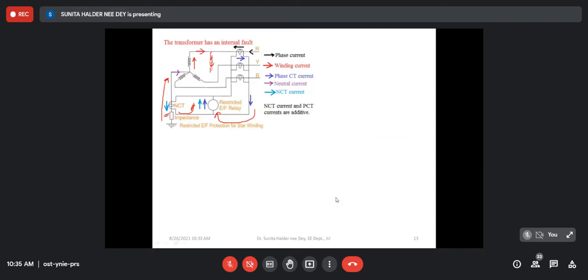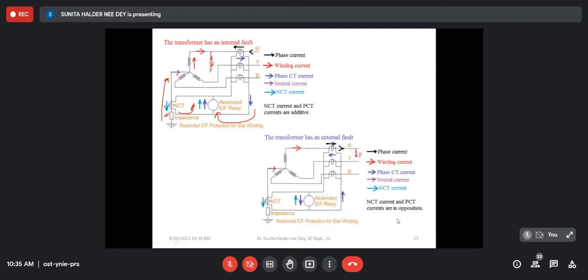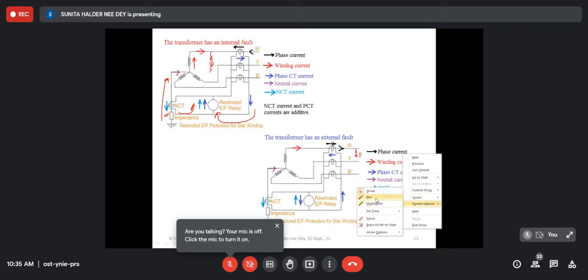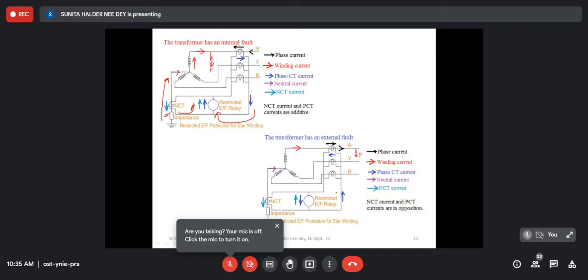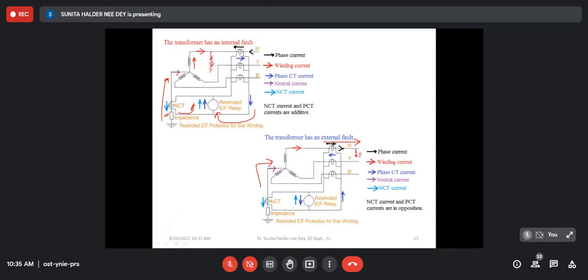Now, if it is an external fault, outside the protected zone, in that case also neutral current will flow in this direction, but the phase current will be in the opposite direction. So this is the phase CT current, shown in blue, and the neutral CT current is in this direction.